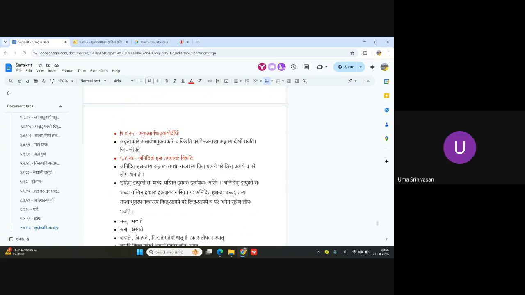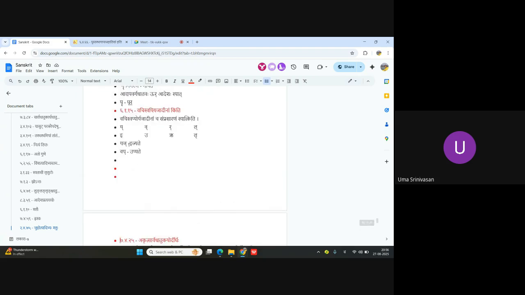Sorry, I have a question about the previous sutra. Can you give an example of how samprasaranam happens with these nine dhatus? Any one dhatu we can take. Yaj becomes ijyate. So that is the example. Vap becomes upyate.